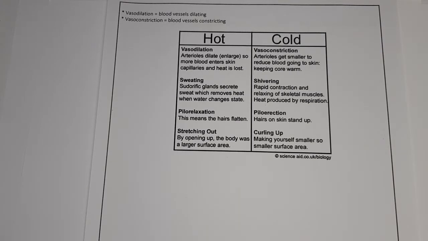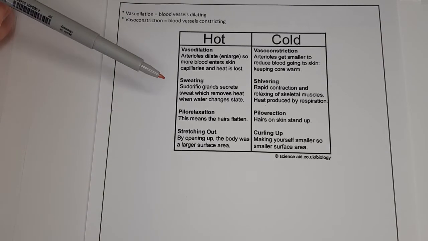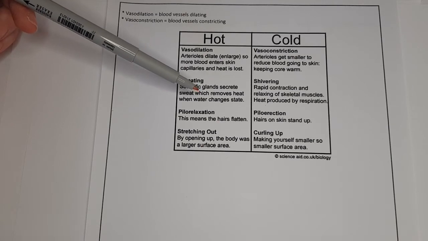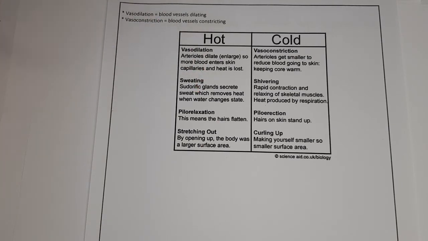And that would be why when you're exercising, you get red in the face a lot of the time, because all of the blood vessels are dilating to try and release as much heat as possible. You also have sweating. So you release sweat from the sweat glands, because as that sweat evaporates from the top layer of the skin, okay, it cools you down.